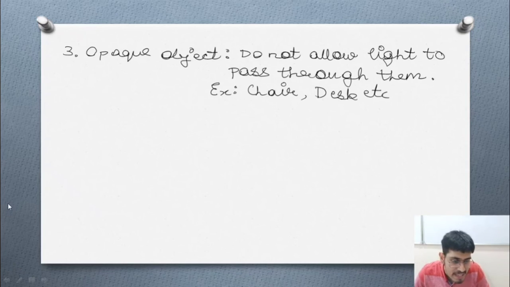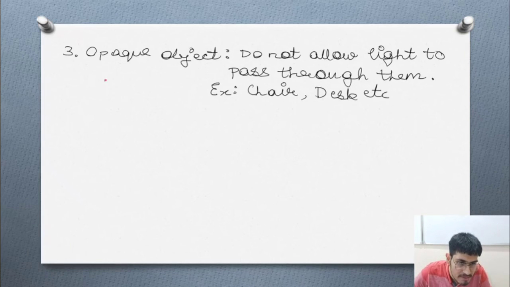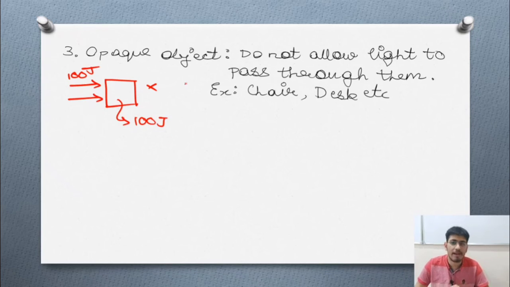Suppose if I draw the figure, suppose this is an opaque object. If I am producing some incident light on this particular thing, then none of the light is passing through it. Suppose that 100 joules of light was produced, then 100 joules get absorbed, and no light is produced behind this.